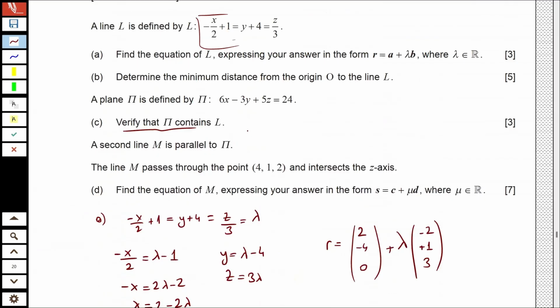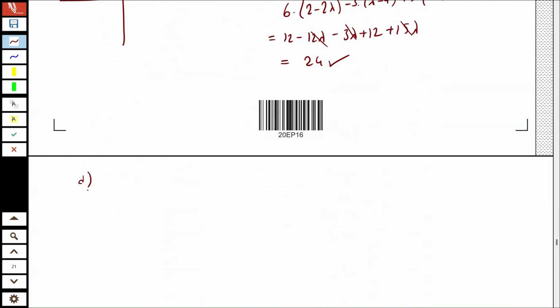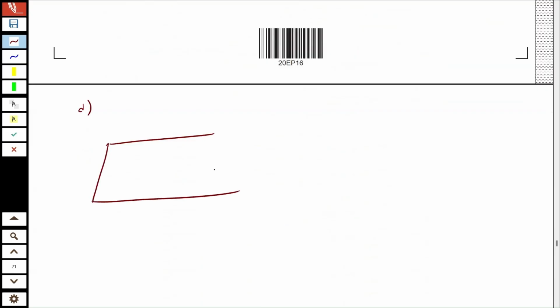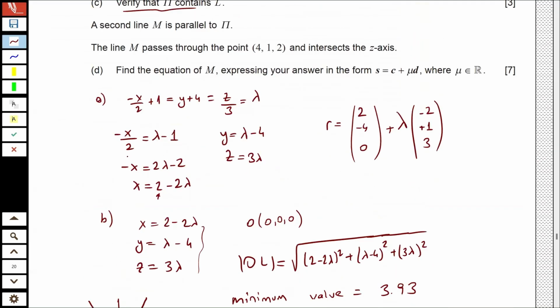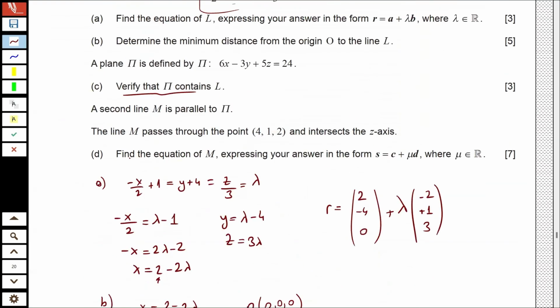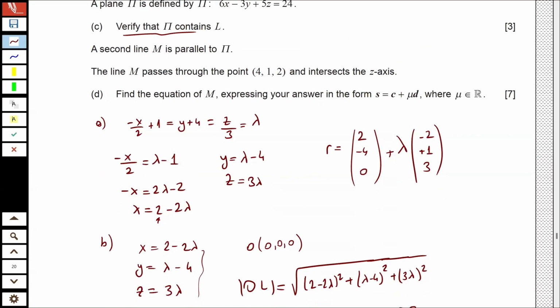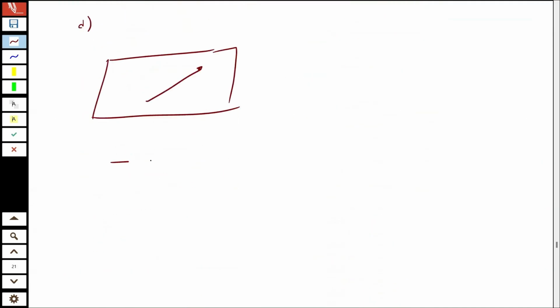At the last question, a second line M is parallel to pi. The line M passes through the point (4, 1, 2) and intersects the z-axis. Find the equation of M, expressing your answer in this form. So we know that there's a plane, and L inside of this plane, and the equation of this plane, and there is also M, which is parallel to this plane.